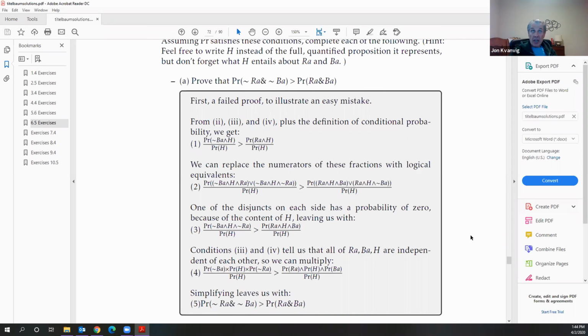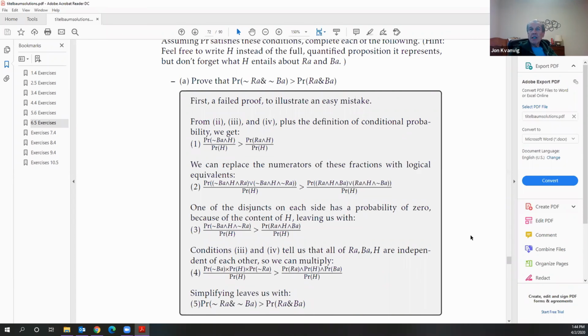But first, from lines 2, 3, and 4, plus the definition of conditional probability, we get that the probability of not BA and H divided by the probability of H is greater than the probability of A's being a raven and all ravens being black divided by the probability of all ravens being black.